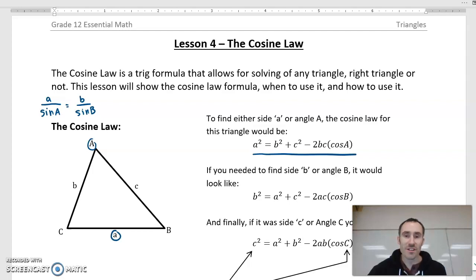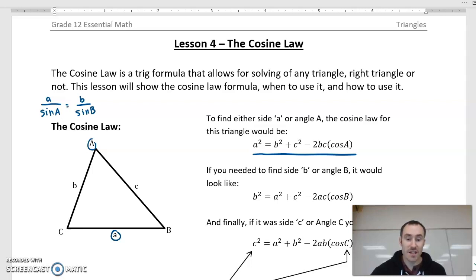It's just beautiful, isn't it? A squared equals B squared plus C squared minus 2BC times the cosine of A. Yeah, there's a lot in there. I can see part of it is the Pythagorean theorem though, right? A squared equals B squared plus C squared, where normally we would say C squared equals B squared plus A squared.